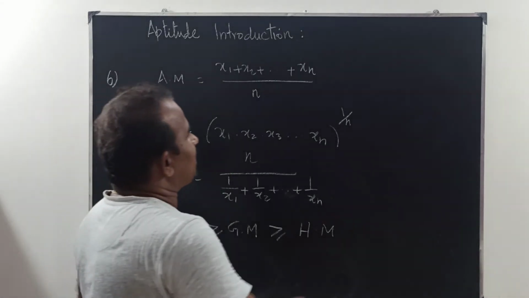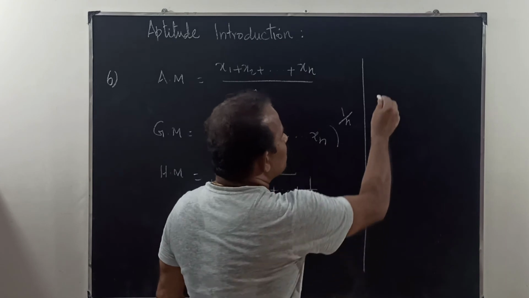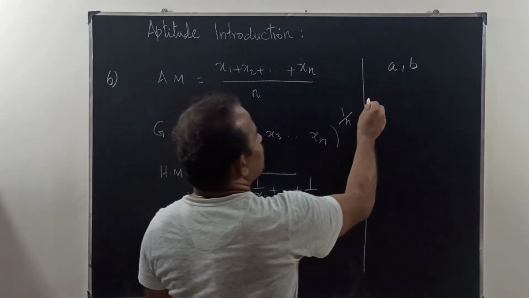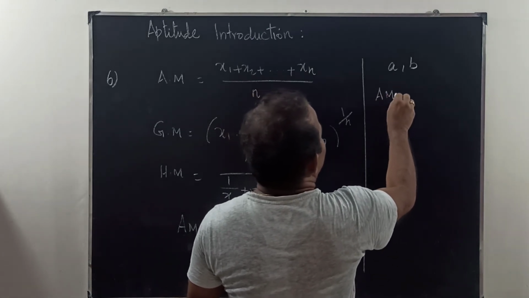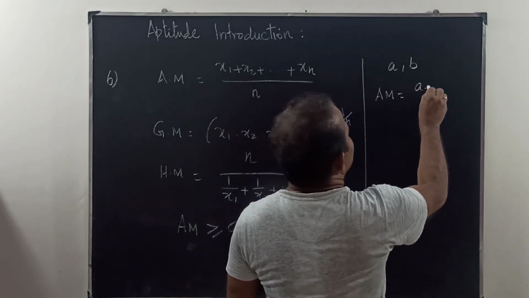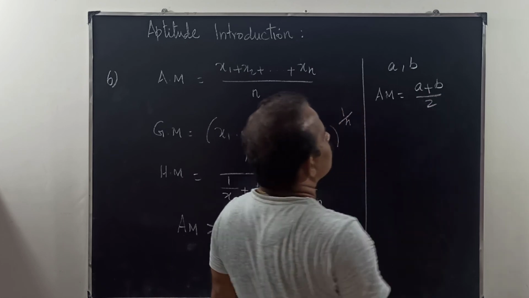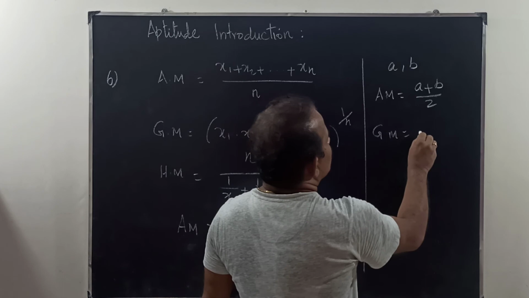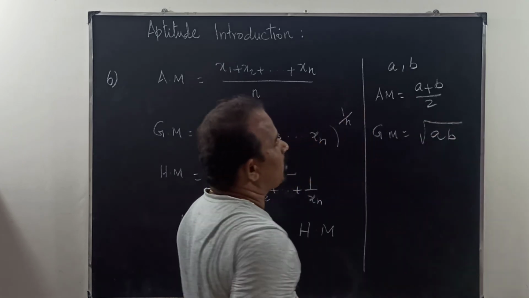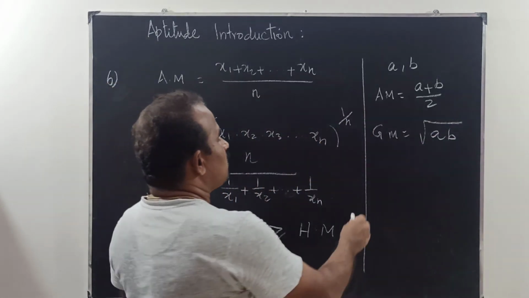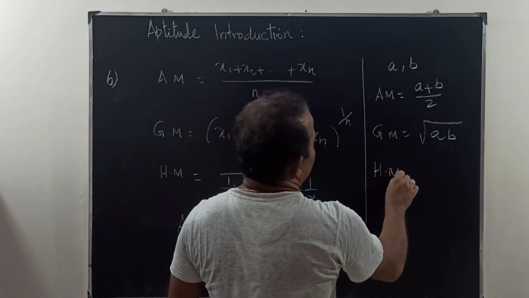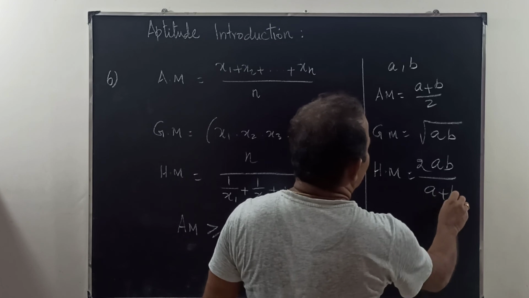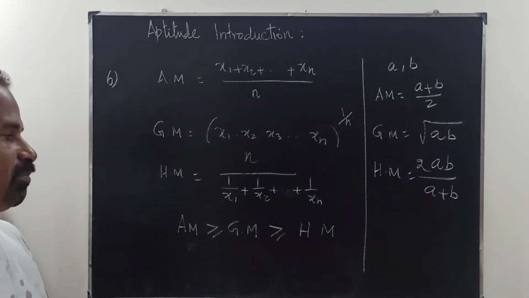Otherwise, suppose I am taking 2 numbers A and B. Arithmetic mean is equal to A plus B by 2. Geometric mean is equal to square root of AB. Harmonic mean is equal to 2AB divided by A plus B.